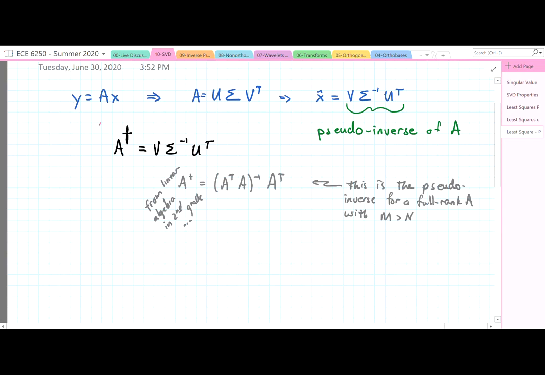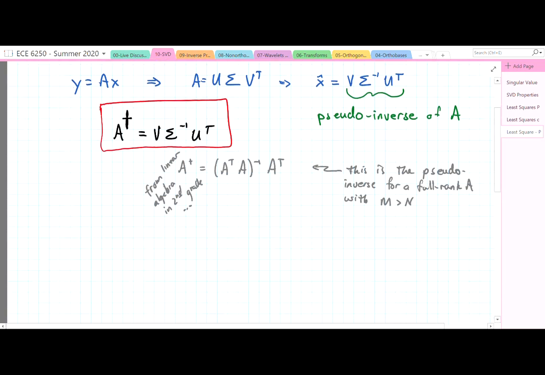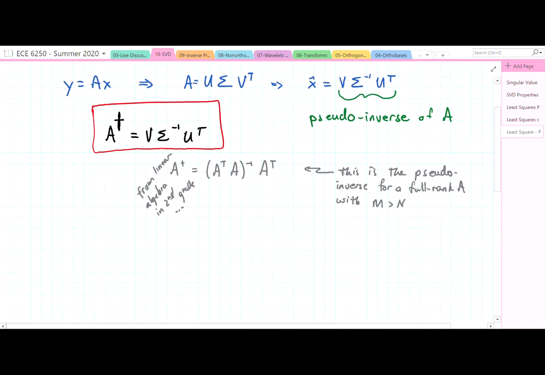But this definition, the pseudo inverse in terms of the singular value decomposition, works for m greater than n, m less than n, non-full rank A. It works always. It always gives you something that will give you a decent solution to the problem y equals Ax.